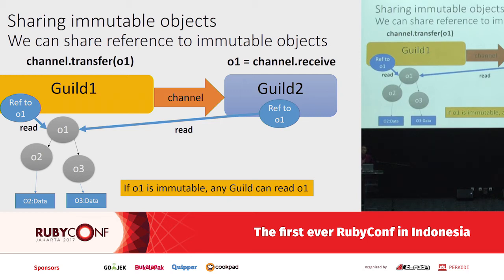Also, we don't need to care about membership for immutable objects. An immutable object means that object 1 and the referred objects 2 and 3, everything, are immutable or frozen.